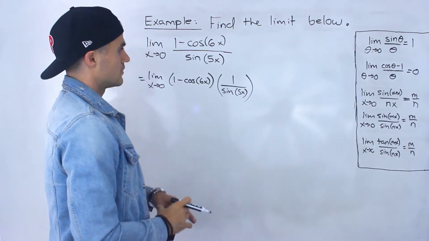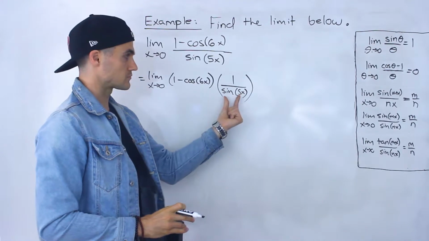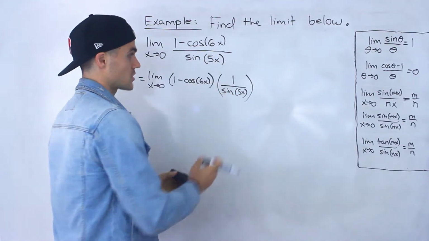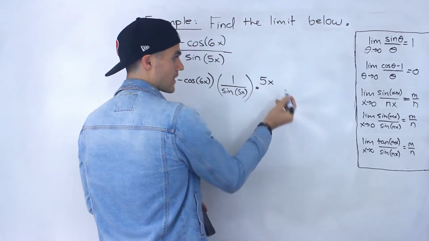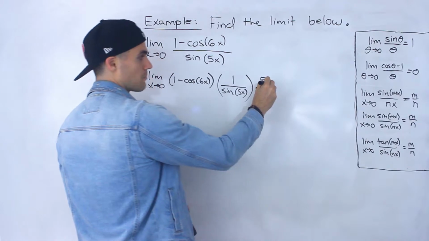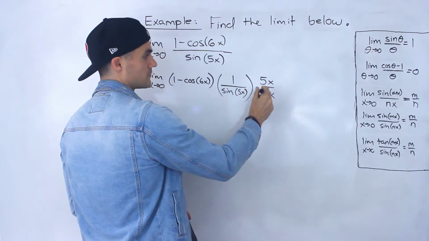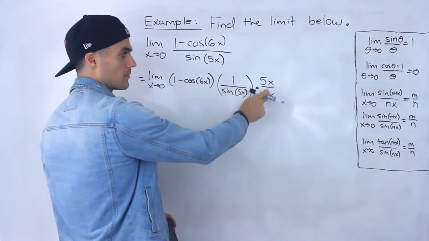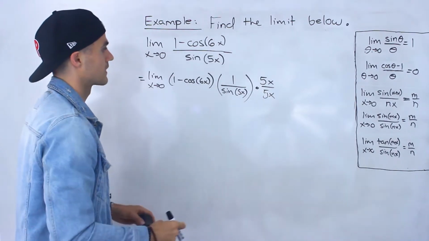Now, if you remember, whenever we have sine of an expression, on the other side of the fraction we want to have that same expression. So here in the numerator, we're going to want to have 5x, but we can't just multiply the numerator by 5x, we've got to multiply the denominator as well. So it's like we're multiplying this whole expression by 1. It's staying the same, we're just adding more onto it.